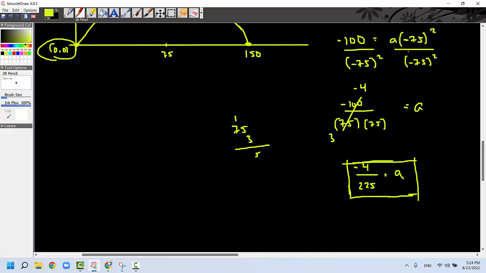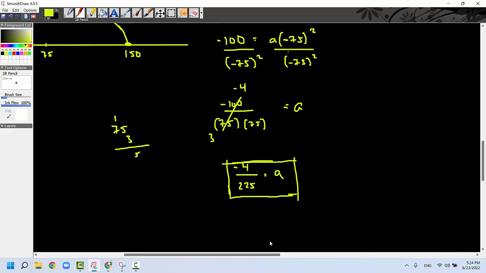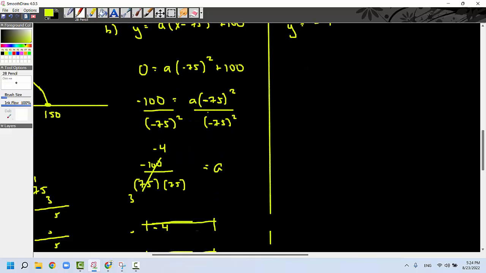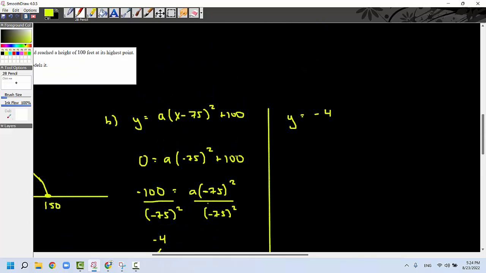So that means that my equation for this thing, I'm going to move slightly to the right. I'm going to say, okay, my equation ultimately is going to be y equals negative 4 over 225, parentheses, x minus 75 squared plus 100.